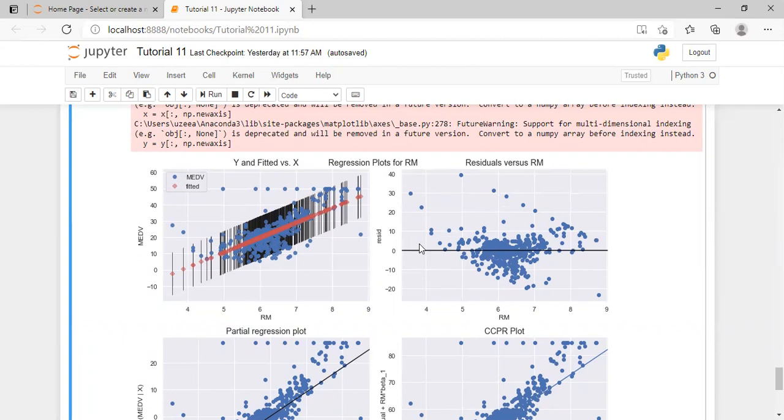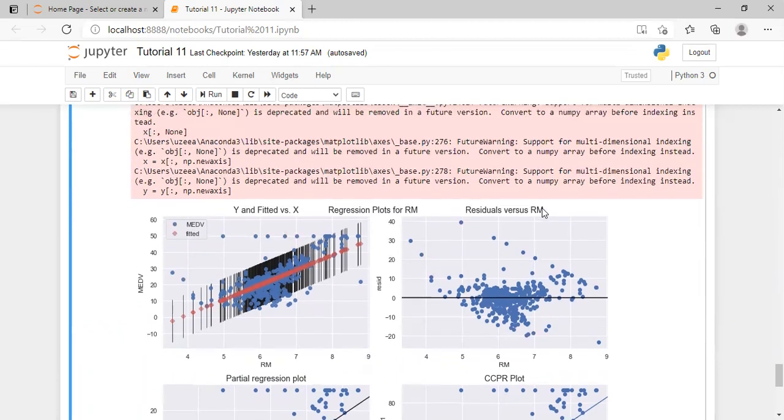As the number of points increases, the variance of our data is also increasing, so we make a fan shape from here. As you can see from my mouse, as x increases, y is also increasing. So we need to correct this issue, and we are going for further analysis because it is violating this assumption.